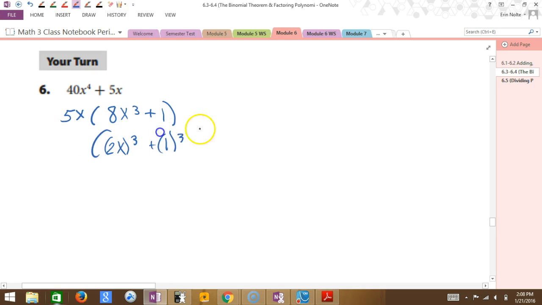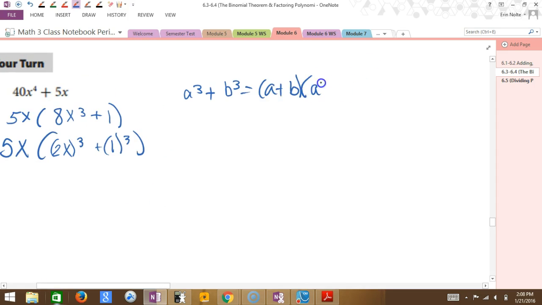And this whole piece is times 5x. So now I can use my factoring pattern. And my factoring pattern was a cubed plus, what was it? Yep. Is equal to a plus b times a squared minus ab plus b squared.